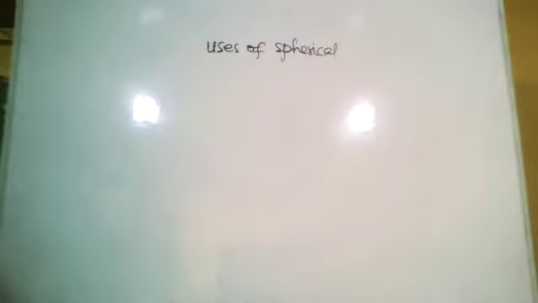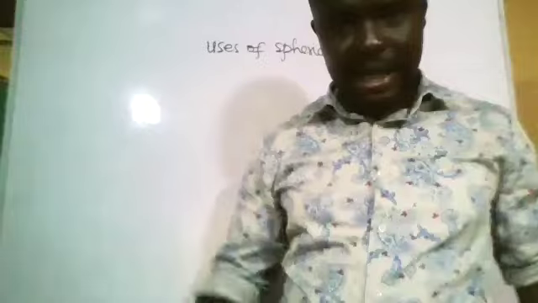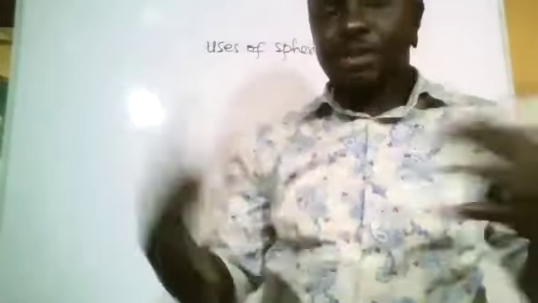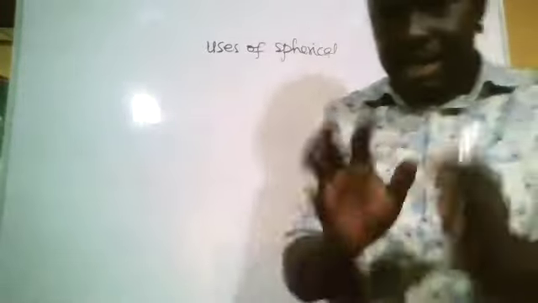These days, I don't know if we are still hunting. Nowadays it is the miners that use it. Yes, the miners. So this mirror can be seen in all these lights.